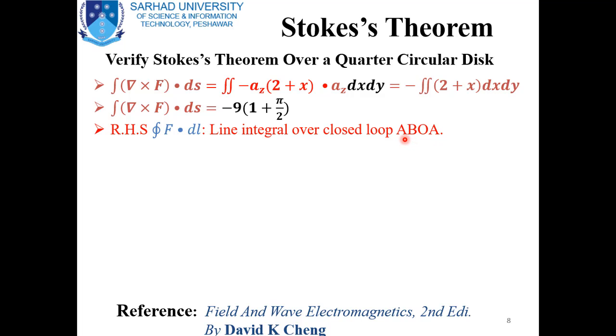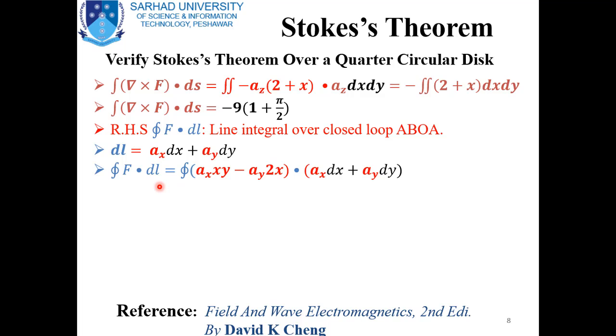So we have to make a loop a, b, o and a. This is a closed loop, and the disk lies in the xy plane, so our length element must contain the terms of x and y. So our length element becomes ax dx plus ay dy.